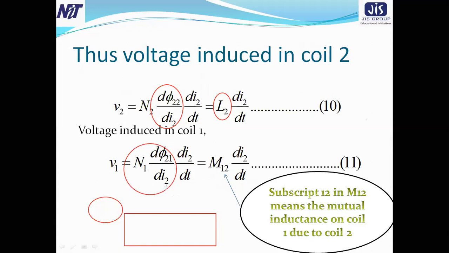N1 dφ21/di2 is M12. In the previous case it was M21. Here subscript 12 in M12 means the mutual inductance on coil 1 due to coil 2.